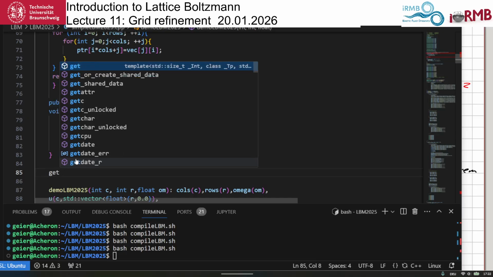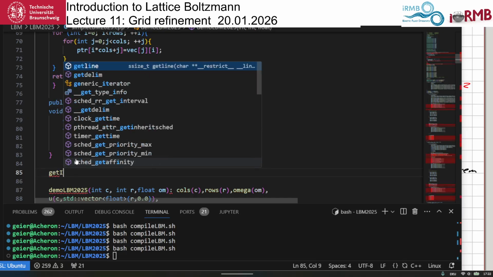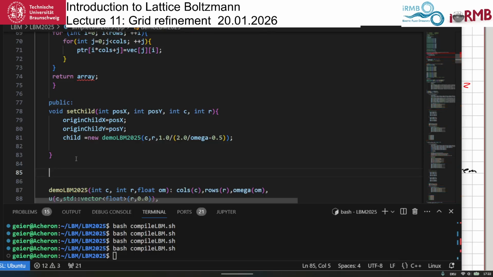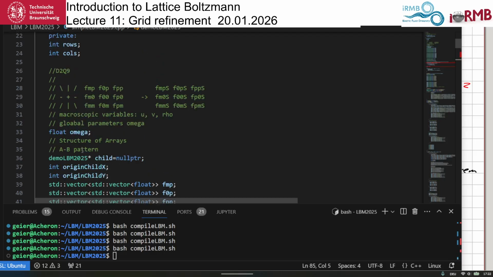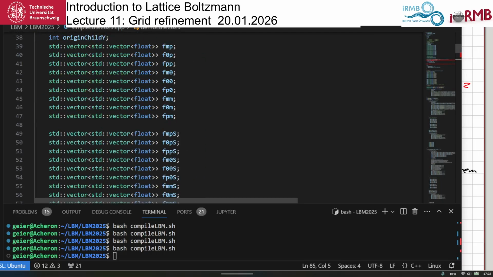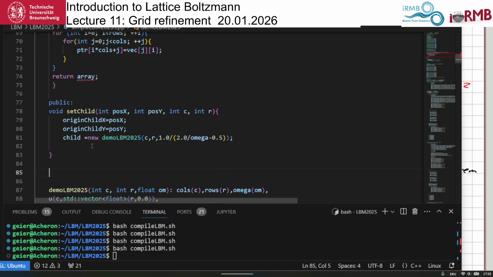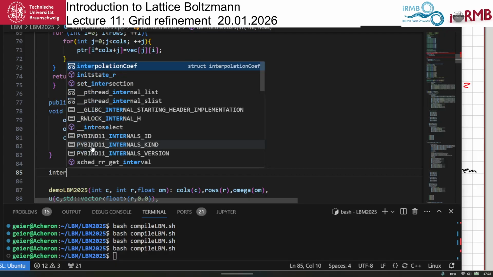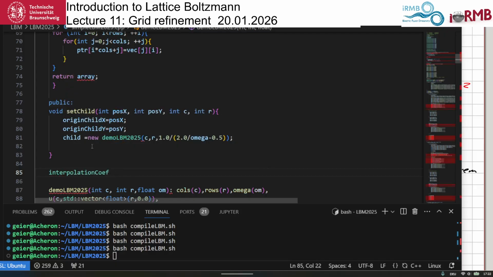So get, how did we call this struct? Already forgotten. Interpolation coefficient, yeah. So we'll have interpolation coefficient as return value, and what do we name it? Get interpolation coefficient.